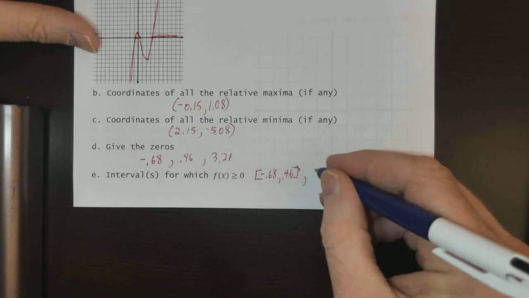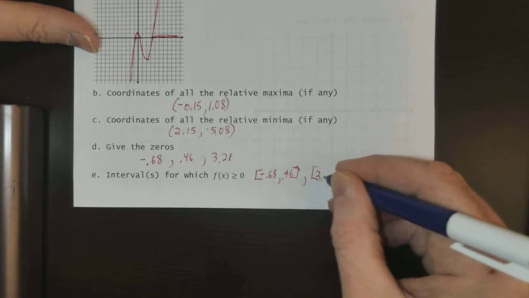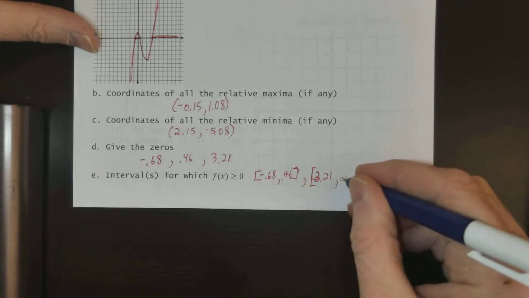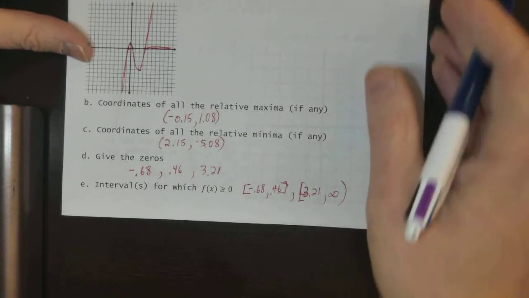And after 3.21, so from 3.21, draw that a little better, to infinity. Okay.